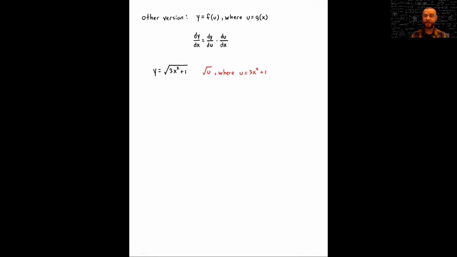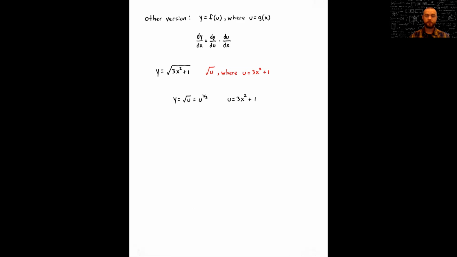Now we should still get the same answer as before. It's just how we arrive at it that is a little different. All right, so we have our function, y as a function of u. So we'll say y equals u to the 1/2 power. And we'll identify u as a function of x and say u equals 3x squared plus 1.